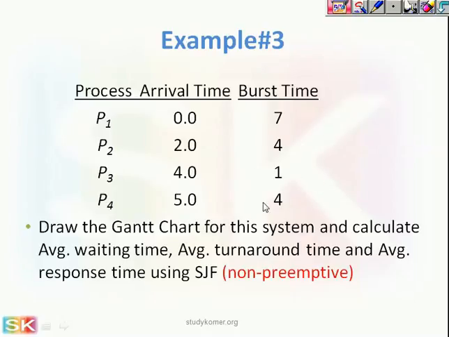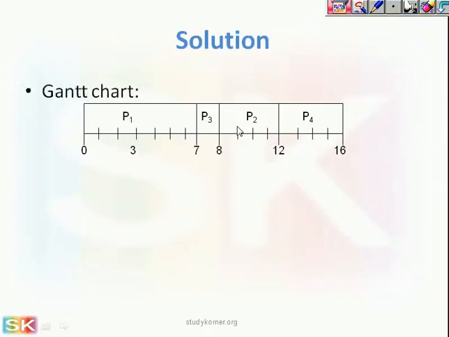So how to remove this conflict? The next priority can be their arrival time. The one which arrived first will be executed first. So hence P2 will be executed first at 8.